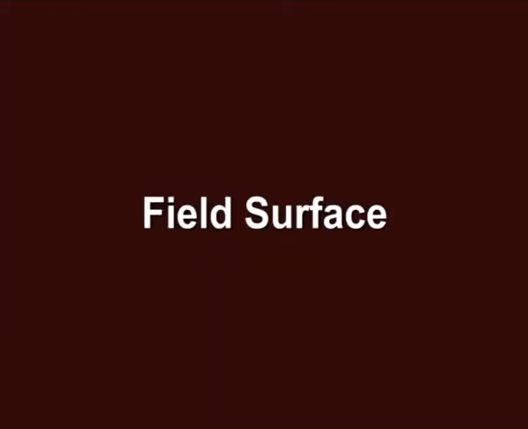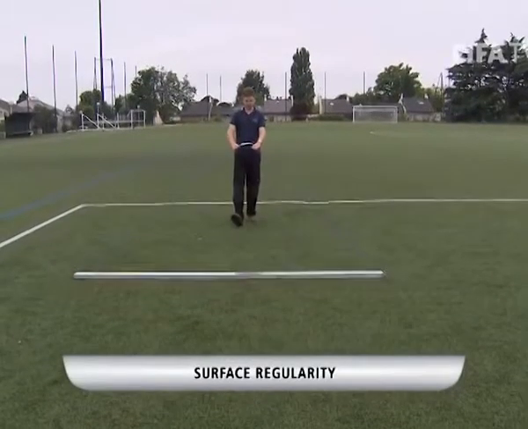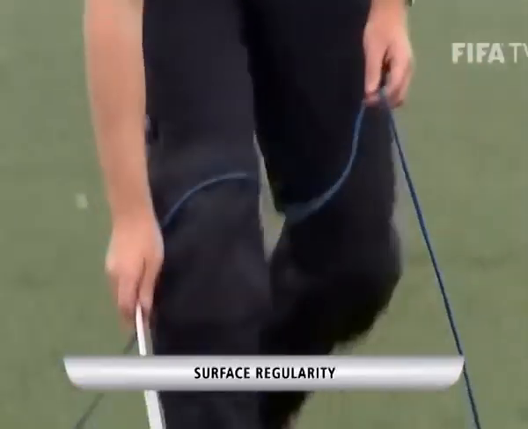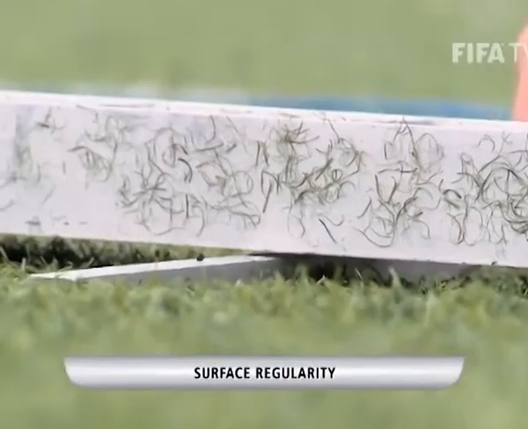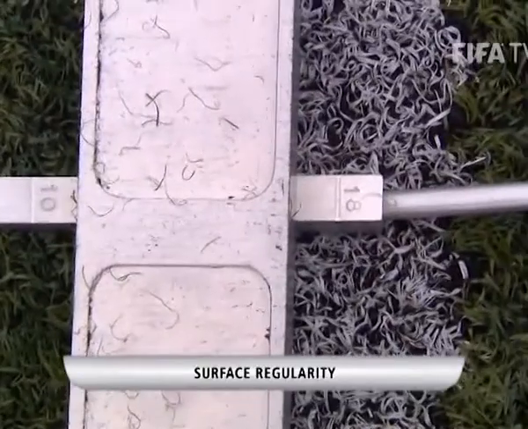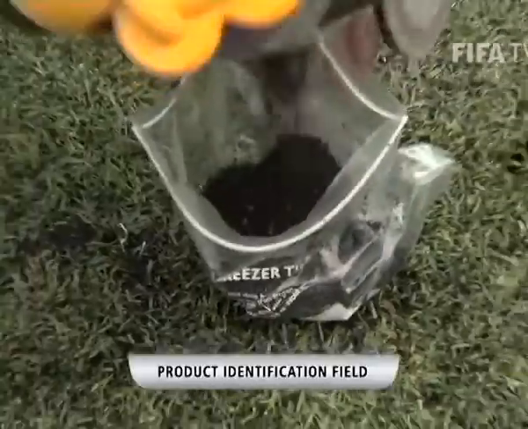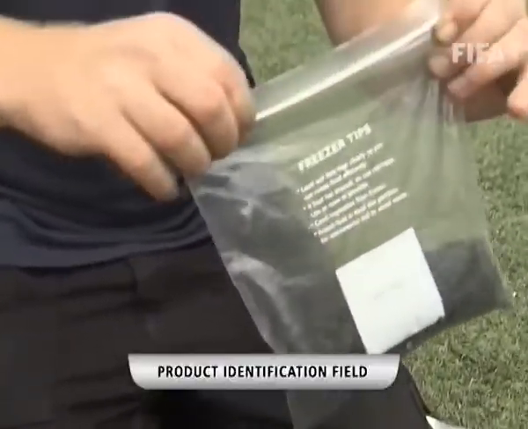Now, next is the field surface. Matches may be played on natural or artificial surfaces according to the rules of the competition. The color of artificial surface must be green.